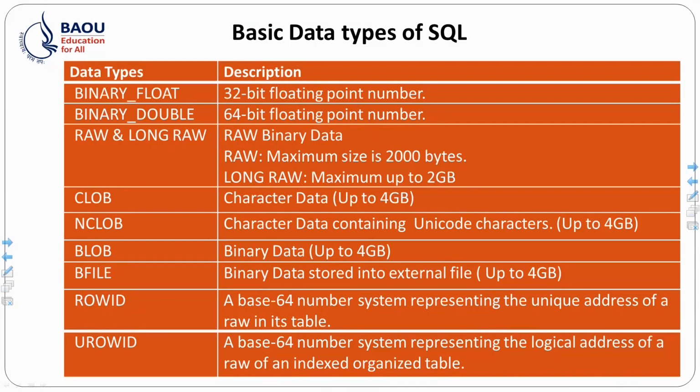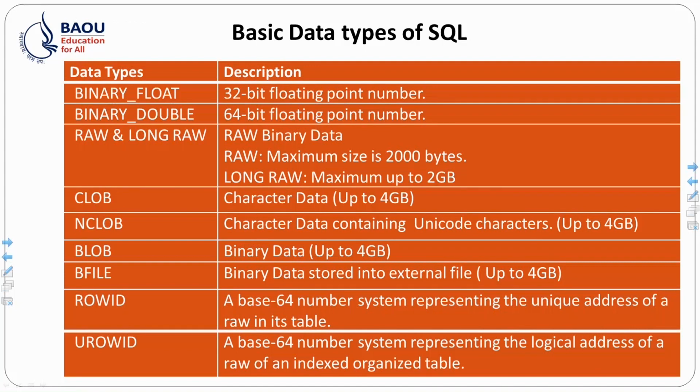CLOB is a character large object, used to store character data up to 4 GB. NCLOB is character data containing Unicode characters up to 4 GB. BLOB is binary data up to 4 GB and BFILE is binary data stored in an external file up to 4 GB.